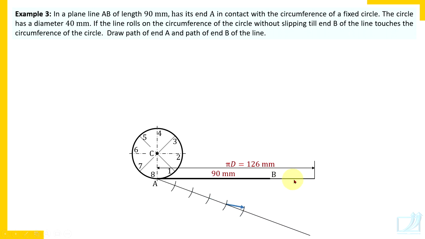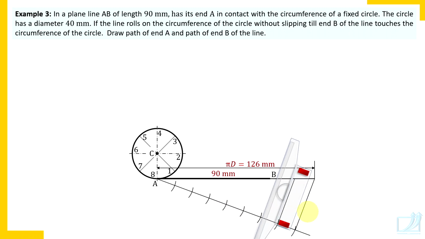This extension must not be dark. A circle, the line rolling on the circle and the curve you are asked to draw. Only these lines must be dark in the diagram. All other lines must be faint lines. So this is the procedure.